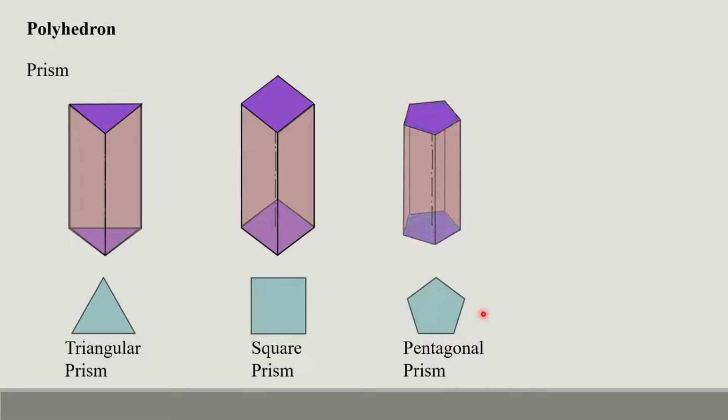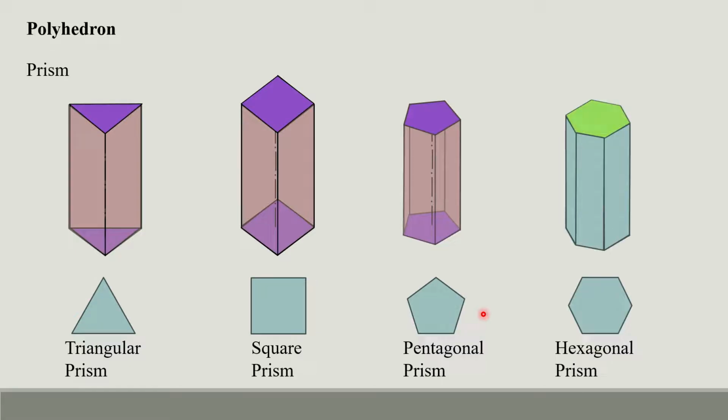There is a top similar to the base. For the hexagonal prism, you'll have six surfaces: first, second, third, then through it, fourth, fifth, and sixth. You have a top similar to the base. If you go on increasing the number of sides, you can have the corresponding names. You can have heptagonal prism, octagonal prism, and so on.